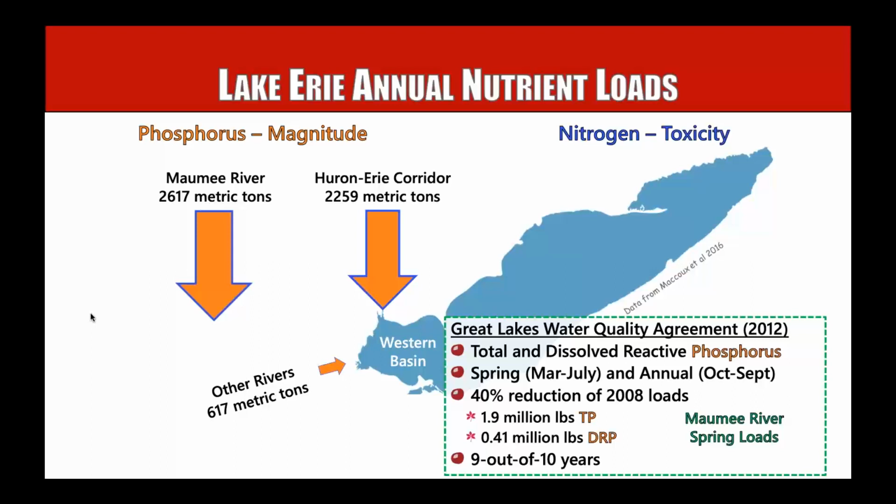We're really focused on the dissolved reactive phosphorus because that's what's most available to these blooms. And back in 2008, there was a commitment, you might say, to reduce these loads by 40%. And the goal is to meet those reductions 9 out of 10 years, knowing that some years there could be a very large rainfall year, and that would be very hard to meet the target then.